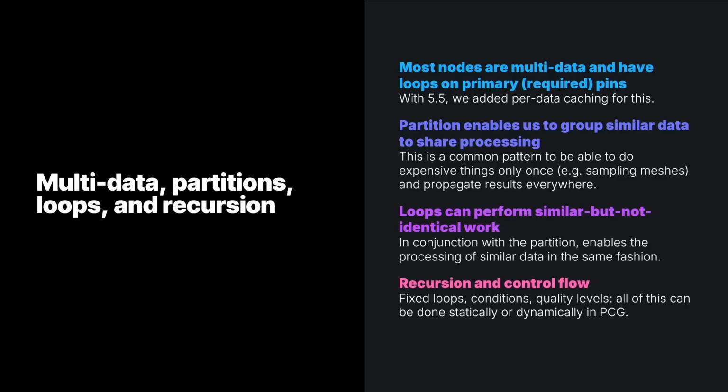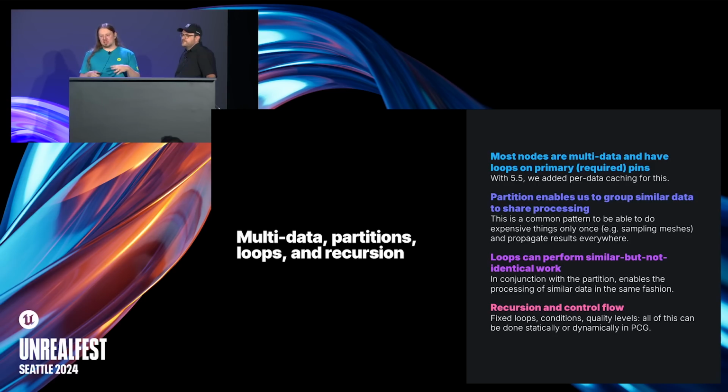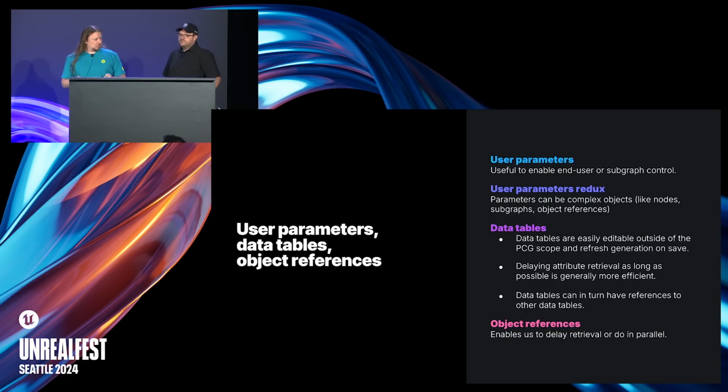That being said, loops are super useful. You basically break down your data and what you want to do, so you can do similar work on different data. Finally, recursion, we're not going to show today, but we're going to talk about a bit because it would be too long. However, we're going to showcase a lot of control flow, which basically allows you to do static or dynamic control flow in your graphs.